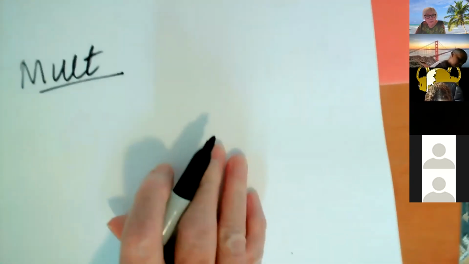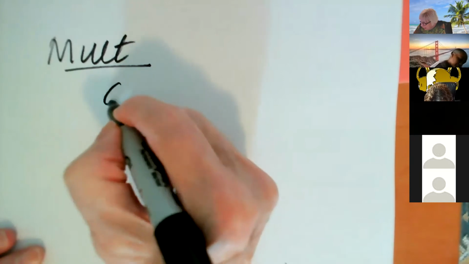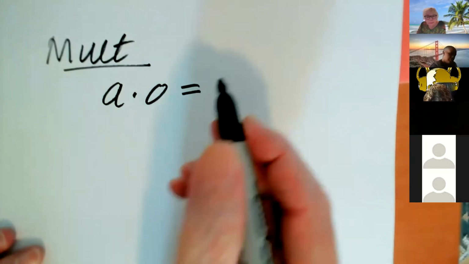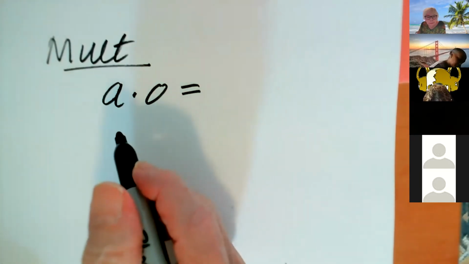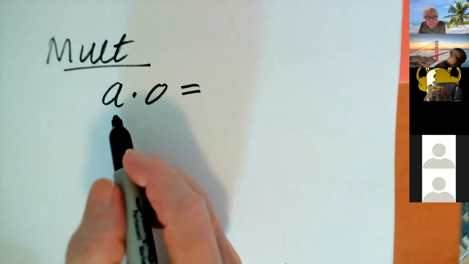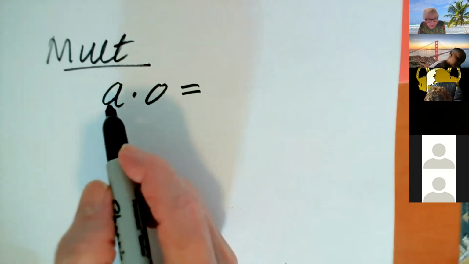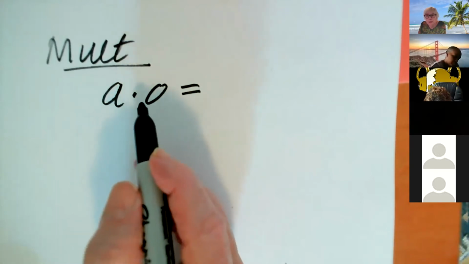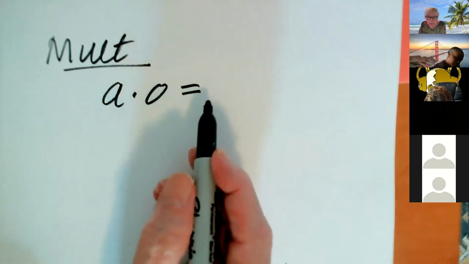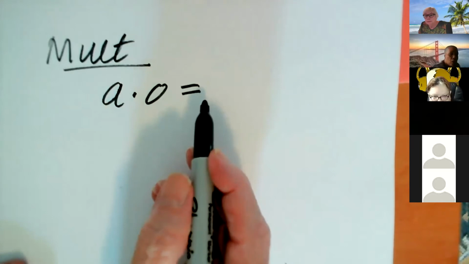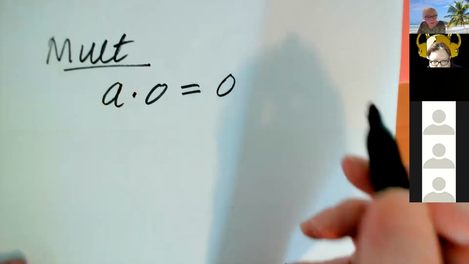I want to do really fast multiplication. A times 0. This is a number, and I'm never going to tell you what it is, and it doesn't really matter, but I'm going to multiply it by 0. What's my answer? 0. Always.